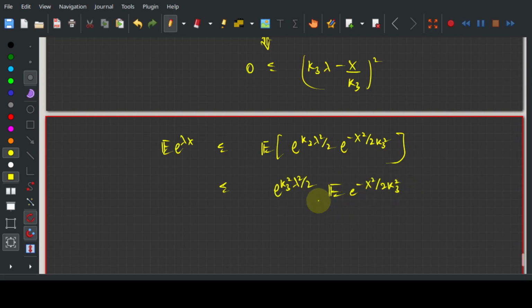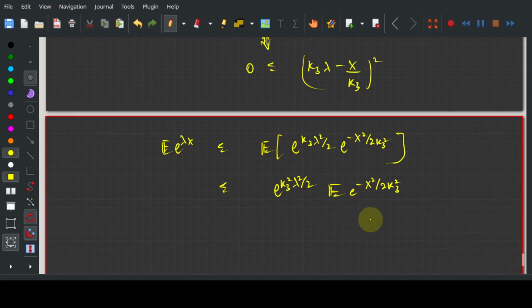But what can I say about this particular quantity? Why is it less than 1?